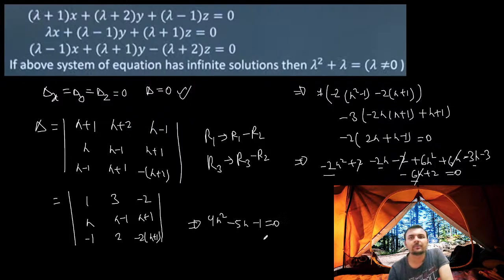Okay, so we get 4 lambda square minus 5 lambda minus 1 equal to 0. Did we make some calculation error? Otherwise, let's see lambda equal to 5 plus minus root under b square minus 4ac upon 2a.